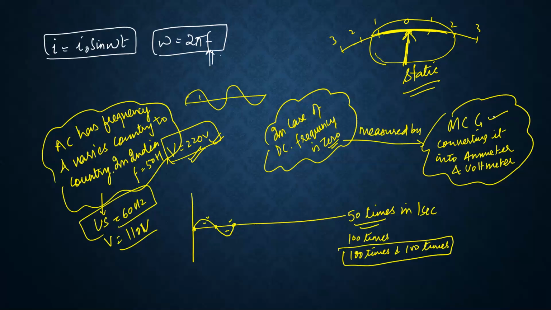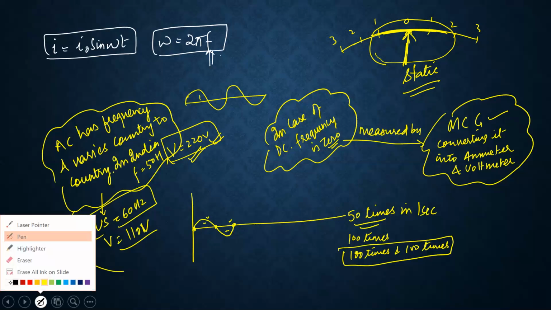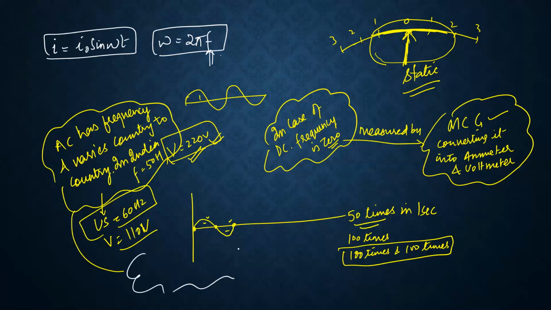So how to measure AC? AC can be measured by some new devices, and those devices are called as hot wire ammeter and voltmeter. हॉट वायर एमीटर और वोल्टमीटर की हेल्प से हम क्या कर सकते हैं, हम एसी को मेजर कर सकते हैं. ये डिवाइस कैसे काम करते हैं?